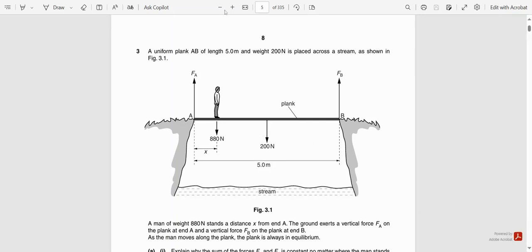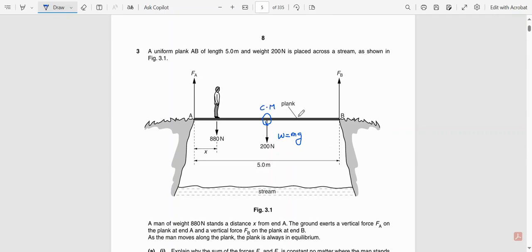Okay, so they have placed a plank here, and the mass should be concentrated at the center, right? Because the center of mass will be at the center. That is why they are showing that force at the middle. Because of the mass, there will be a force called mg. That force has been shown at the center because the center of mass is here.